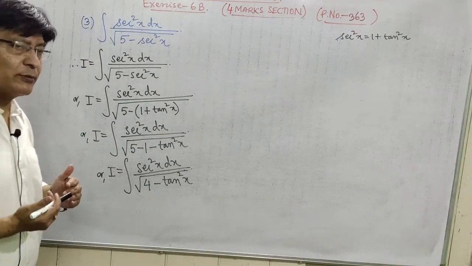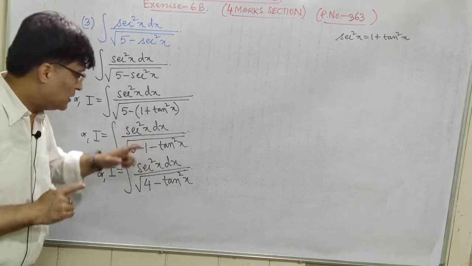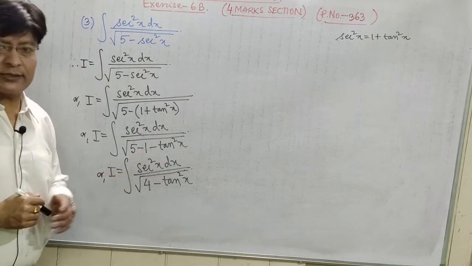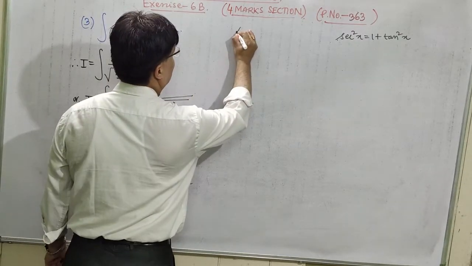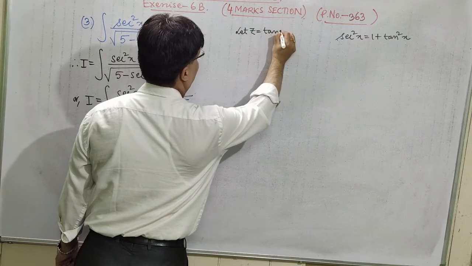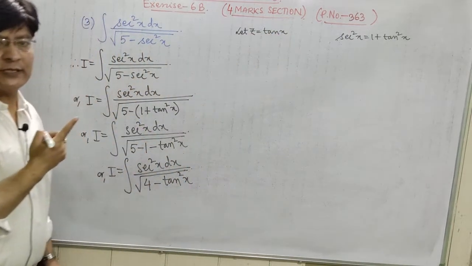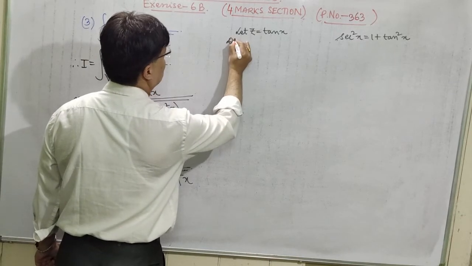So now let's do the method of substitution. Differentiation of which function is which one? Differentiation of tan x is sec square x. So let us assume z is equal to tan x. So let z is equal to tan x. So now let us differentiate it. This is the method of substitution. We can differentiate both the sides with respect to x.